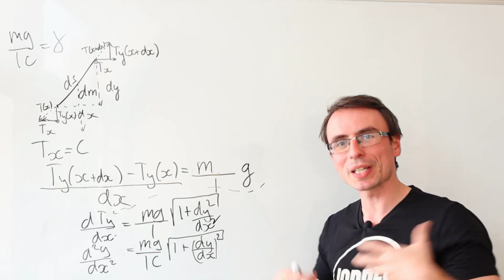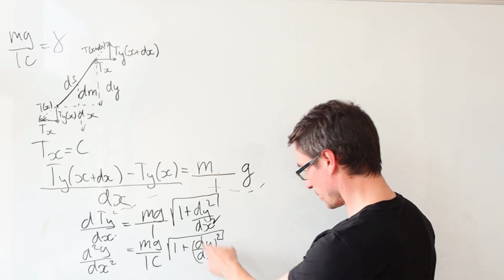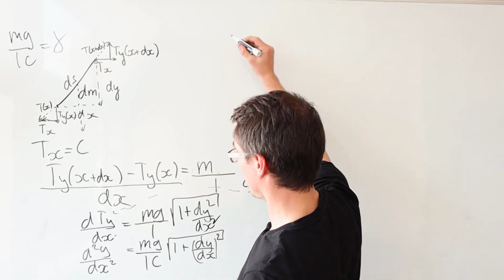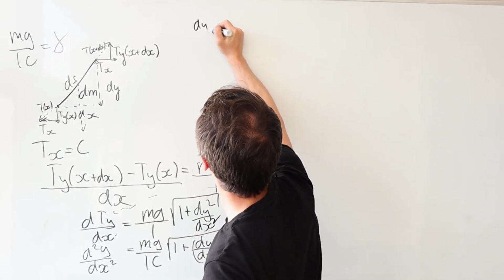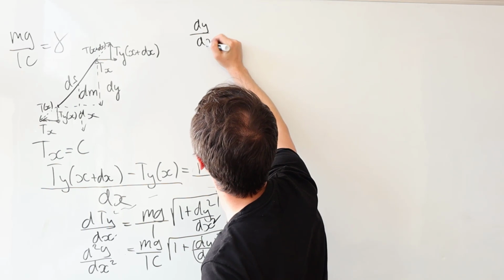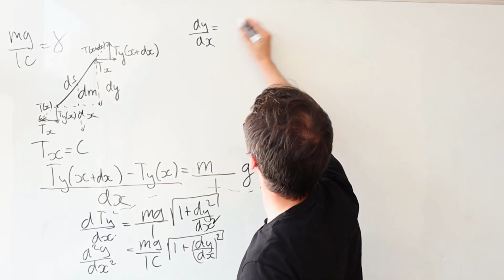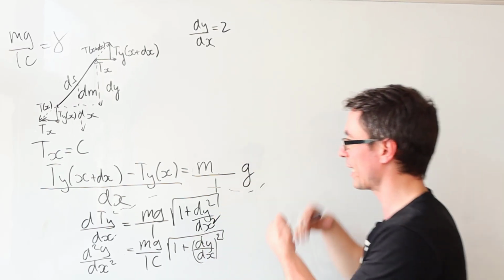First of all, we can make our lives easier because we can see that we have this repeating factor here. So we can just say that dy by dx itself is just equal to some new variable. Let's just call that z.